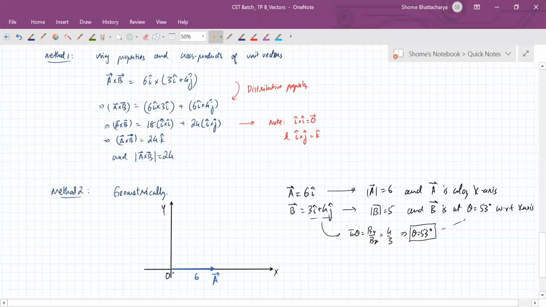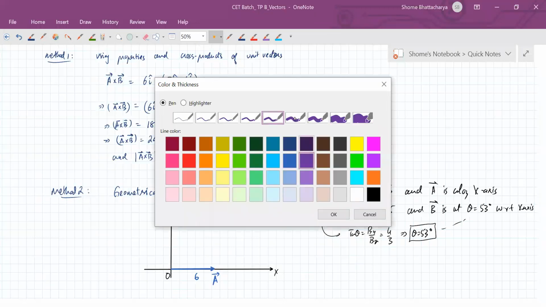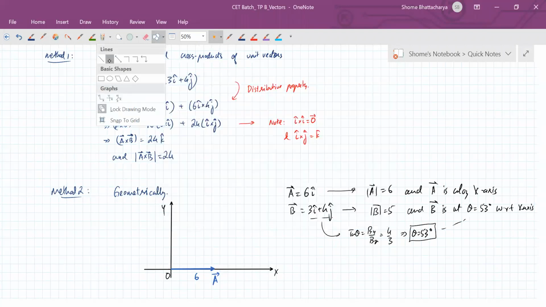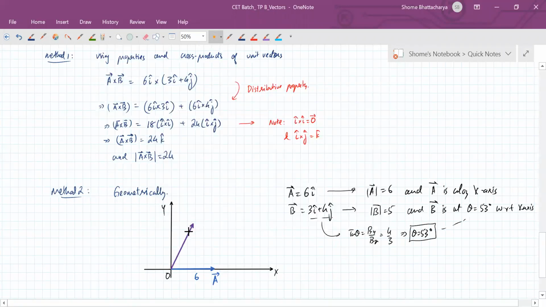You can see this. Okay. So in comparison, the vector B now is looking like this. So this angle is 53 degrees and its magnitude is 5.